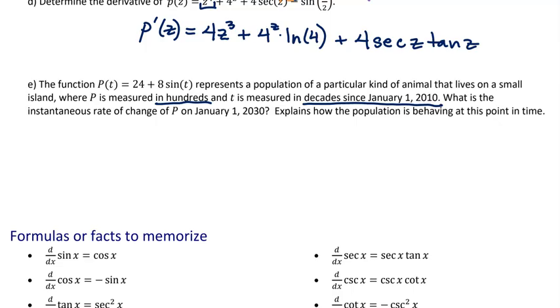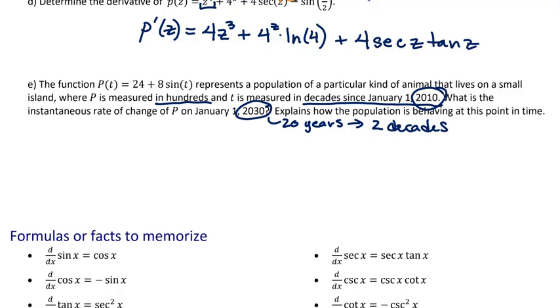We want to figure out what the instantaneous rate of change is on January 1st, 2030. Okay, so first thing I notice is January 1st, 2010 to January 1st, 2030 is 20 years, which is 2 decades. So I'm going to be looking for what's happening after 2 decades.